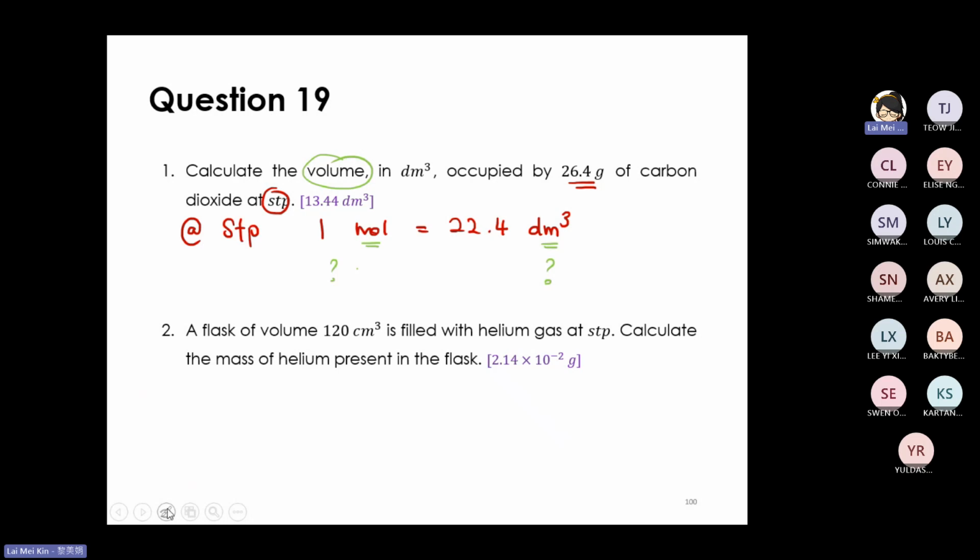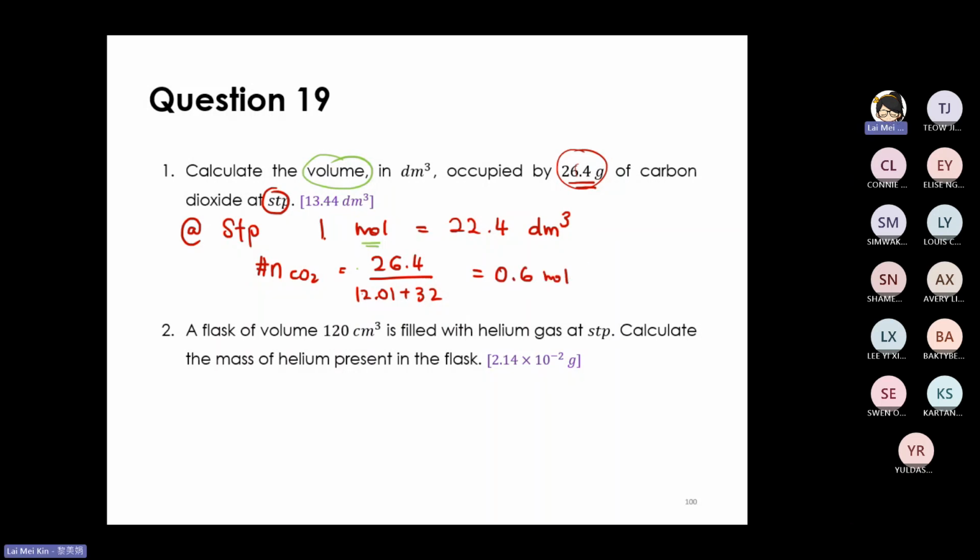All right, and it's given you the mass here, 26.4 gram of carbon dioxide. So first we need to find the number of mole of carbon dioxide, 26.4 divided by the molar mass. What's the number of mole? 0.6 mole.